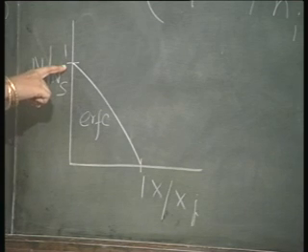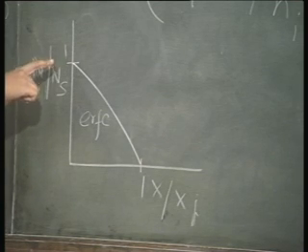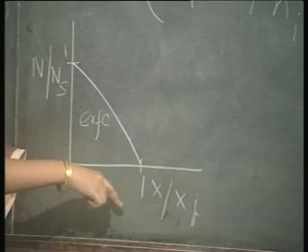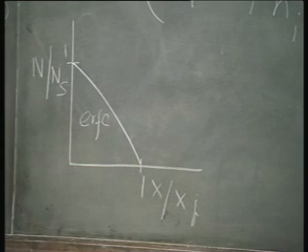Surface concentration is Ns, so N by Ns is equal to 1, and at the junction depth x is equal to xj, so x by xj is also 1.